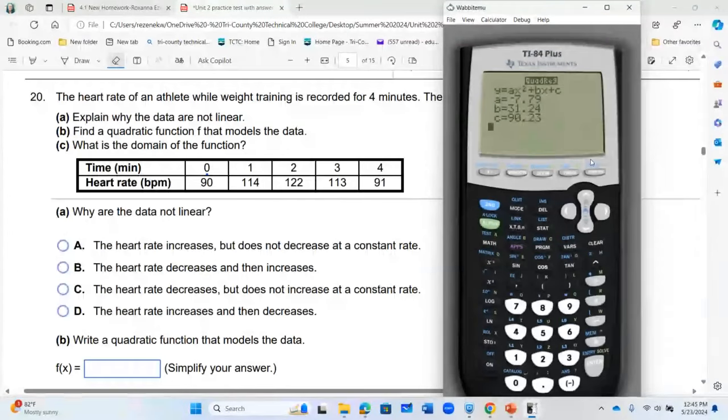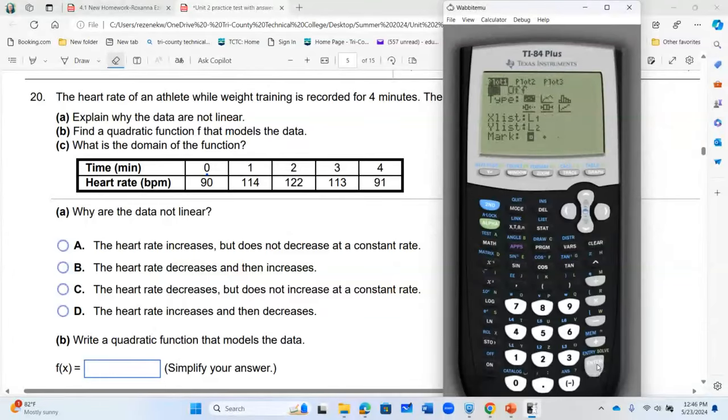Okay, if I like, I can just look at the graph. And by the way, I want to make sure, let me go back and see the scatter plot. That tells me a lot of stories. So 2nd Stat Plot. It's right here.